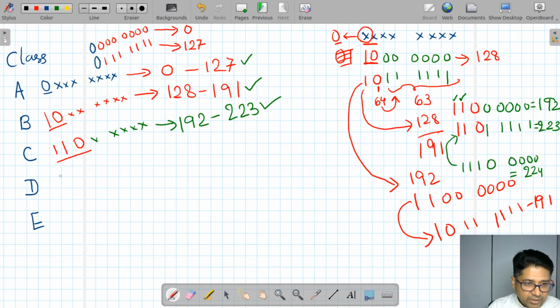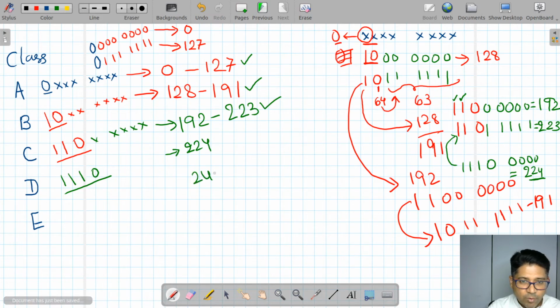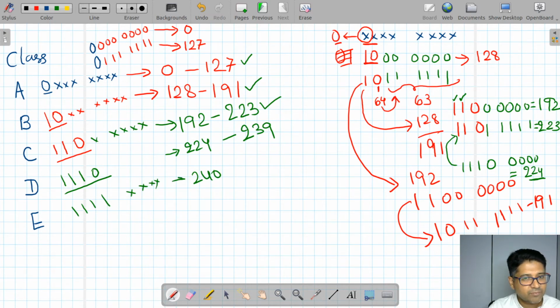Class D, it's again 1110 that is going to be reserved. What will be this value? Just now I told you, 224. The minimum value will be 224 and the maximum value will be 239. Here 4 bits are reserved, the remaining do not care about any value.